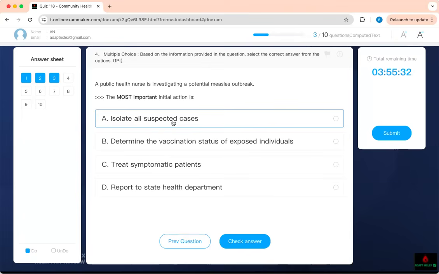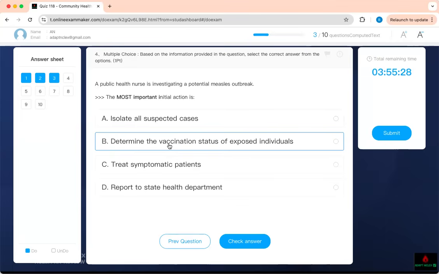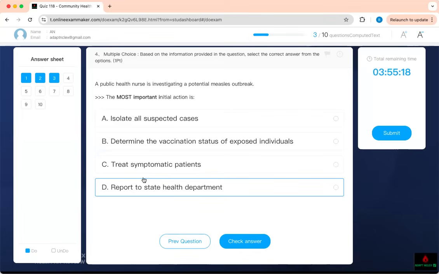You basically identify it, but you don't find where it came from. Determining the vaccination status of the exposed individuals will tell you how bad the outbreak is going to be, right? Treating the symptomatic patient is not the most important initial action. Reporting to the state health department is not initial.